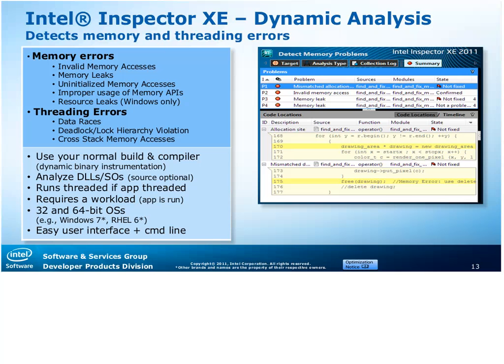So it will basically instrument your code. You don't have to use the Intel compiler to build it. Of course, if you're doing Fortran, it'd be kind of silly not to use the Intel Fortran compiler. It will analyze DLLs and SOs on Linux. You don't have to have the source available. A debug build is recommended for best results, and having the source is needed if you actually want to look at the source.